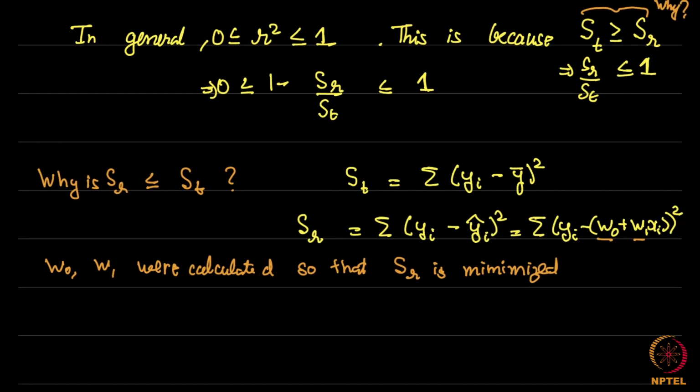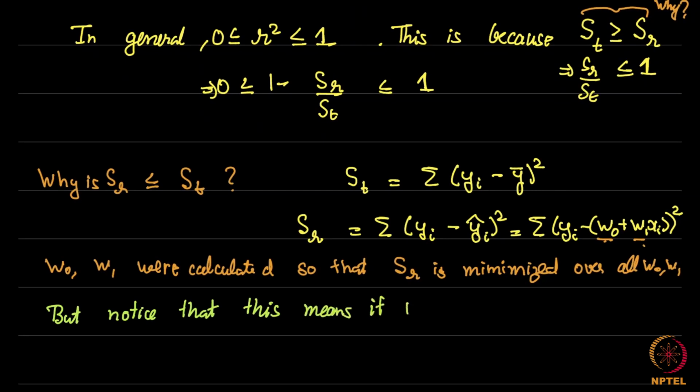What we were trying to do was to find out what w0 and w1 will minimize SR over all w0 and w1. But notice that this means, if we take the special case where w0 is y bar and w1 is 0.